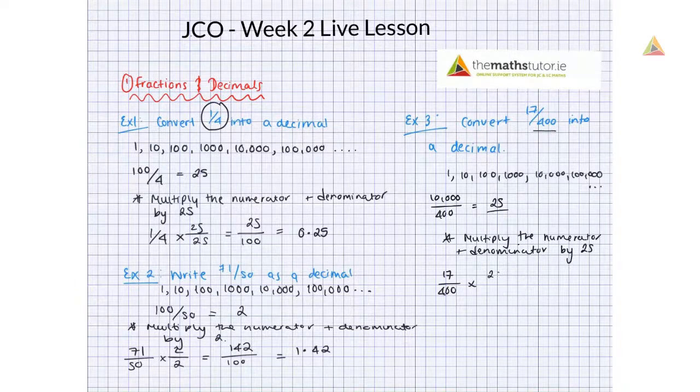You're multiplying by 25 on the top and 25 on the bottom. 17 by 25 gives you 425. And 400 by 25 gives you 10,000. Now if you put that into your calculator, you will get 0.0425, and that's the answer. So they're very straightforward. You just need to apply the exact same method every time you answer those questions.